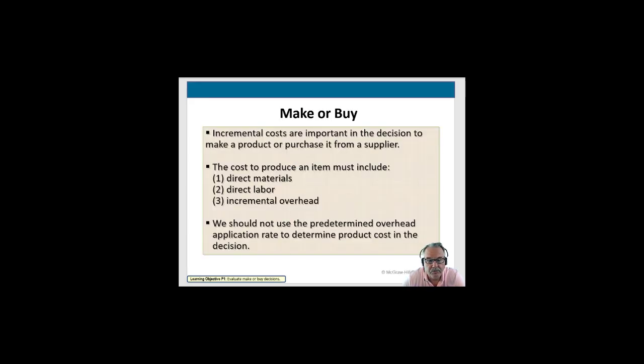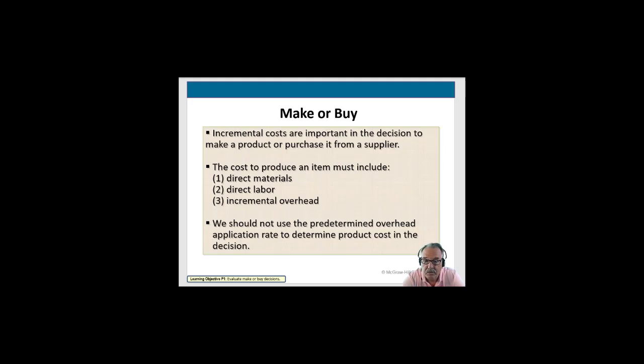So we're going to go through different scenarios or different types of decisions that relate to, first, make or buy. If we have the opportunity to make a part or a subassembly or something that's going to go into our product, we compare the costs associated with this, the incremental cost, the out-of-pocket cost to produce it, versus what it would cost us just to buy it from an outside vendor.